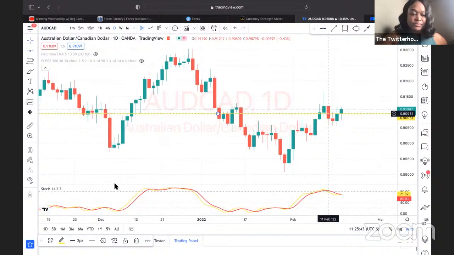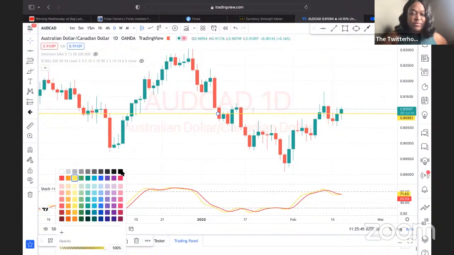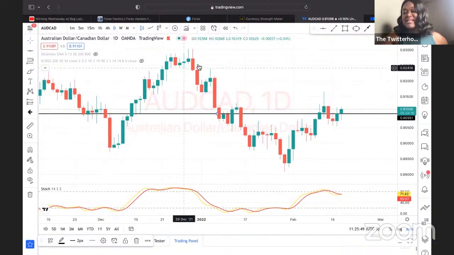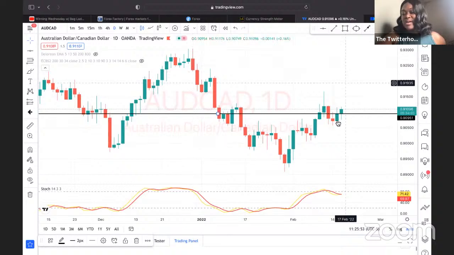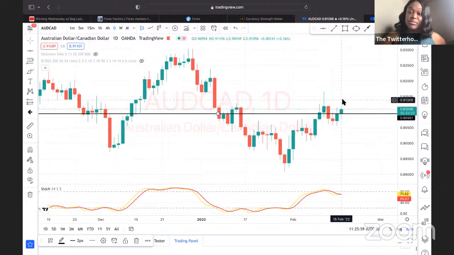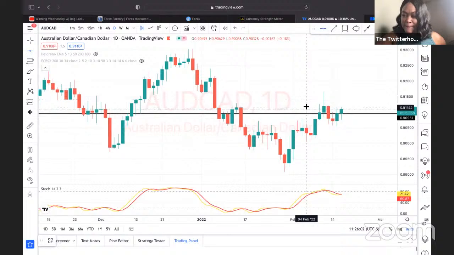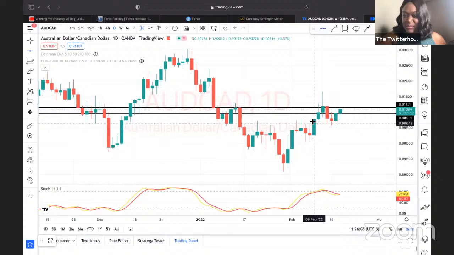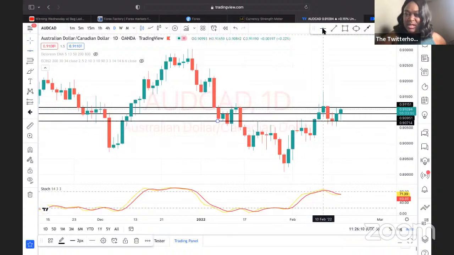This chart on the daily time frame means that each candle took an entire day to form. So yesterday, price was going up. Today, price continues to go up. We're in an uptrend, right?